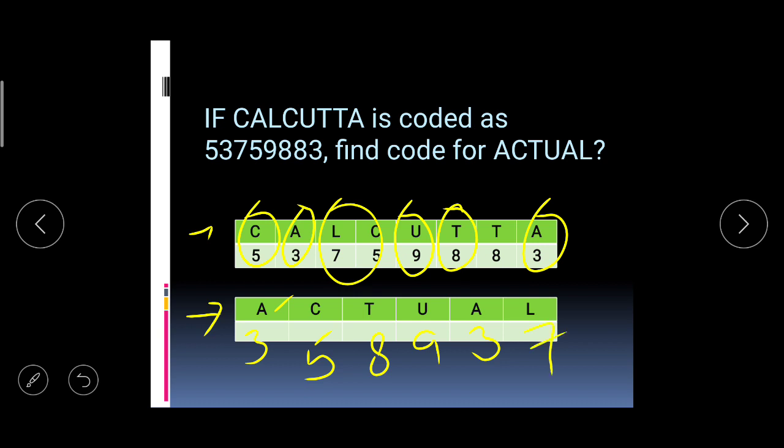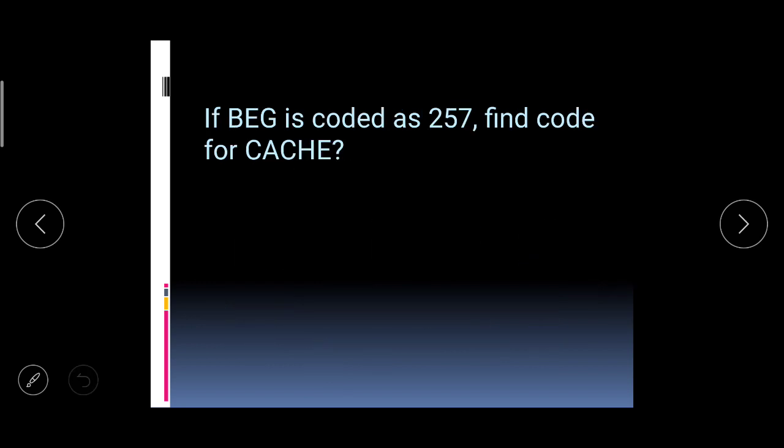So this is my answer: 3, 5, 8, 9, 3, 7. It's pretty easy. Directly you just need to map the letters and find the answer, if all the letters are in the question. Okay, if beg is coded as 257, find the code for cache.